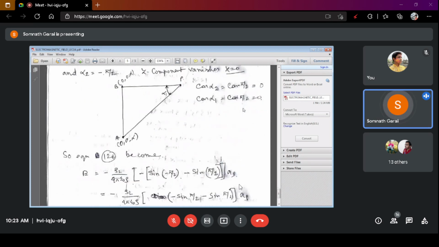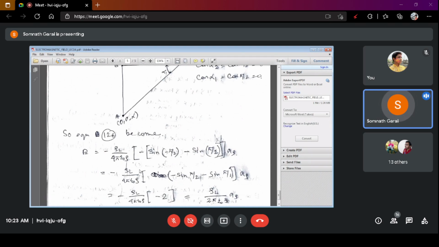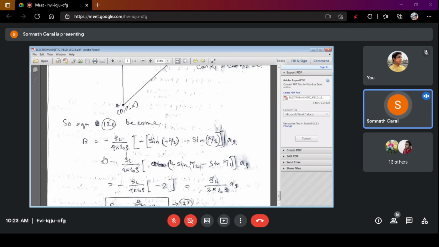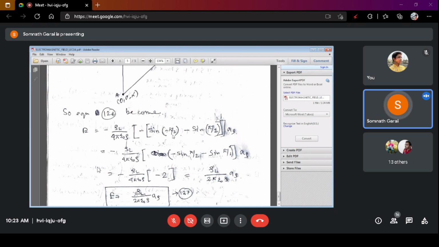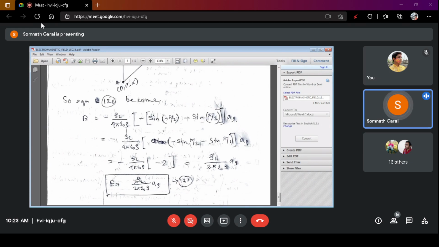If the z component is 0, then equation 1.26 becomes E is equal to minus rho L by 4 pi epsilon naught rho, then minus sin pi by 2 minus sin minus pi by 2. The value of sin pi by 2 is 1. So minus, minus rho L by 4 pi epsilon naught rho into minus 2.